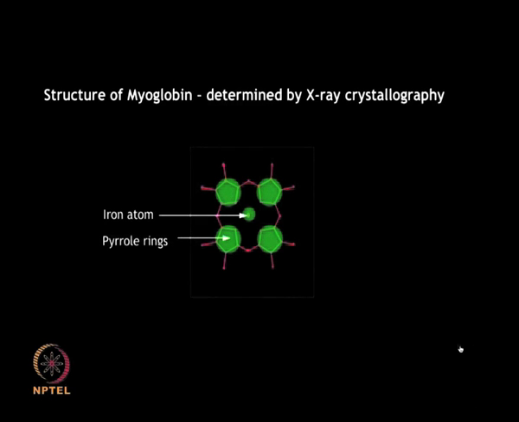The protein was found to consist of a single polypeptide chain having 8 alpha helices along with a heme group in the center, similar to hemoglobin.